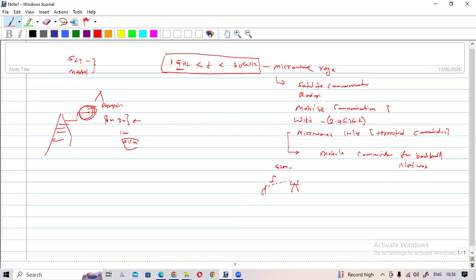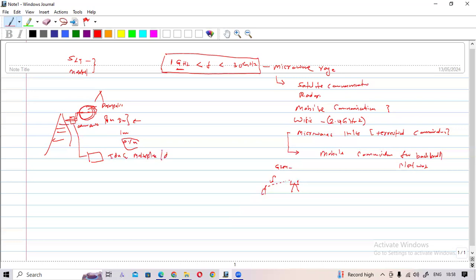So we have to connect the antenna here. Then the antenna is connected to the ODU, that is a frequency conversion, and amplifiers are also there. Then the ODU is connected to what is called IDU, indoor unit. That is actually the multiplexer and demultiplexer.